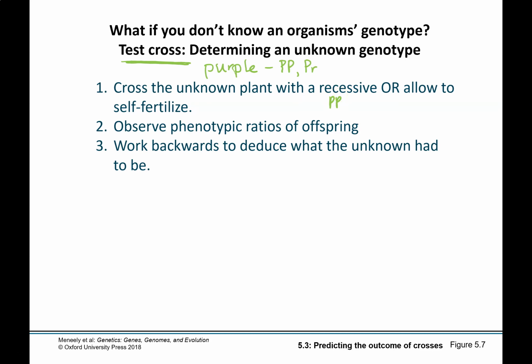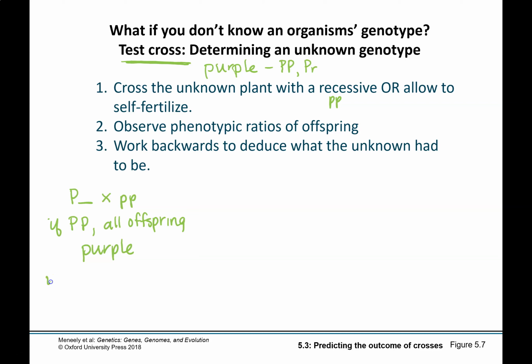Okay, so let's look at that. If we cross an unknown purple, so we don't know what the other one is, with little p, we can have one of 2 outcomes. If that unknown plant is homozygous, all offspring will be purple.